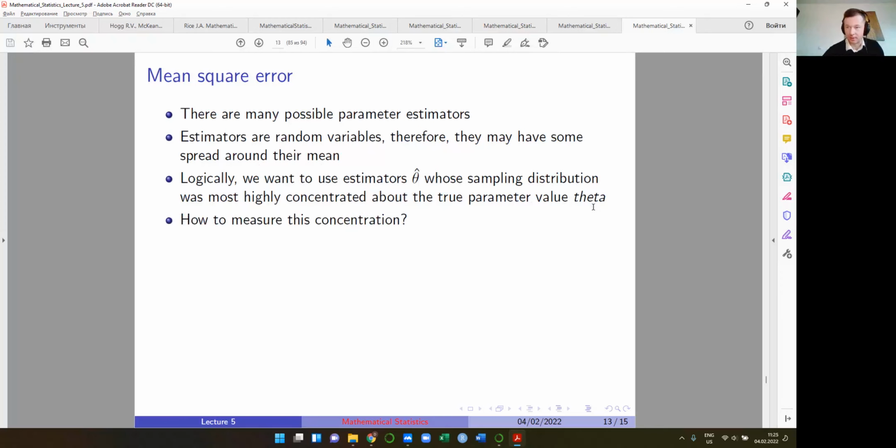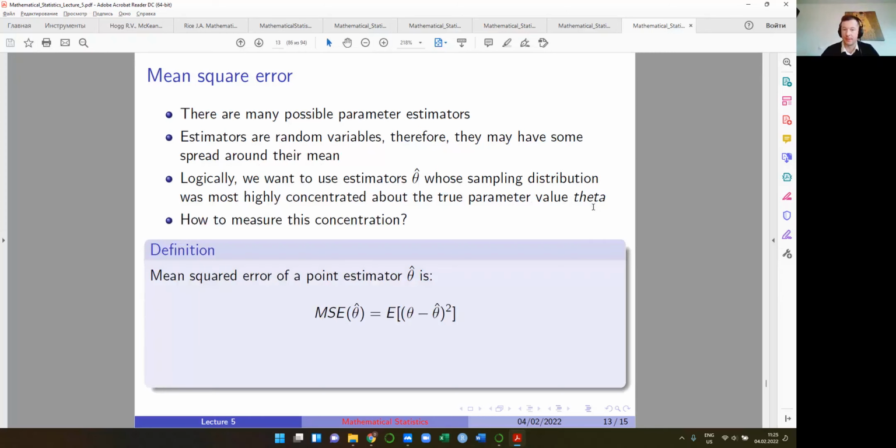How can we measure this error? There is a measure called the mean squared error of a point estimator theta hat. So what is this mean squared error? Be careful.